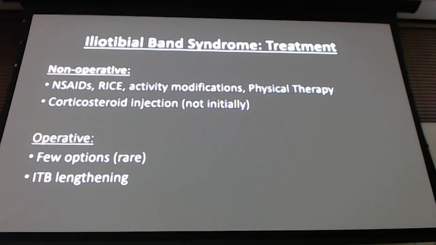Corticosteroid injections can be done. Okay? I wouldn't do them initially because we talked about this before. If somebody comes in with pain and you tell them to go to physical therapy and do the exercises and all that stuff, and you give them an injection and they get 100% pain relief, do you think they're going to do the exercise? No. Not always, right?